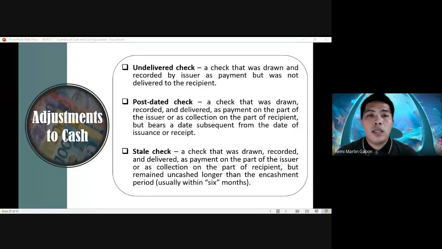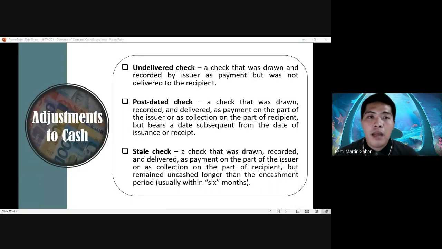Now with post-dated check, it is considered as payment on the part of the issuer. Ibig sabihin, yung nag-i-issue may obligation, may liability na binabayaran. And or as collection on the part of the recipient. Meaning, yung naka-receive ng check, asset on his or her part. Kaya nga, collection on the part of the recipient.